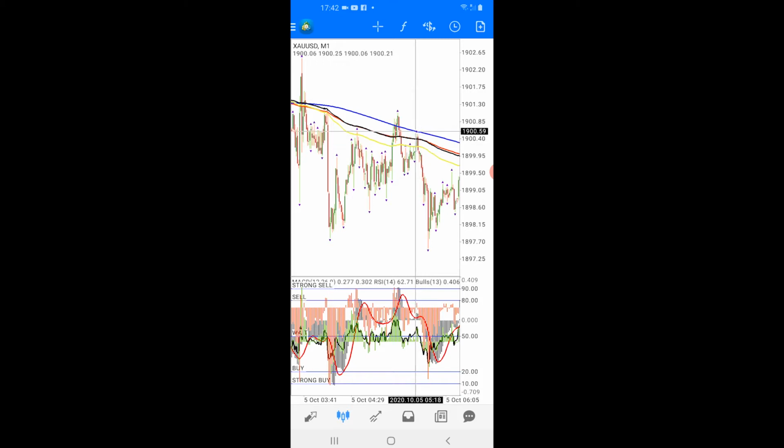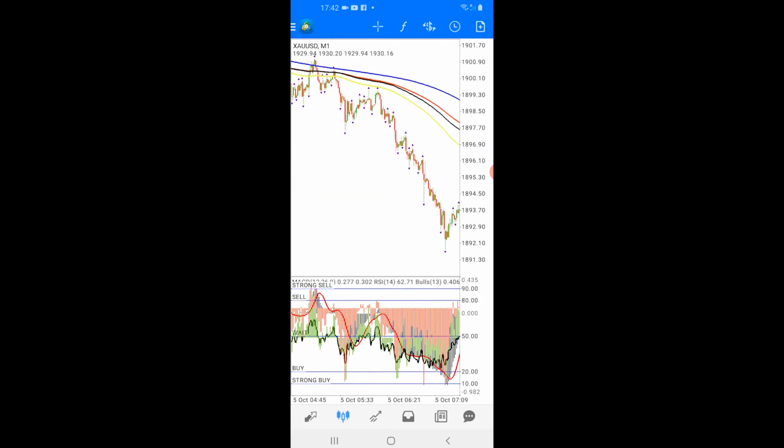So if you have gotten just a dollar, a euro, a pound or a rand, you close the trade, and of course wait for another entry opportunity.